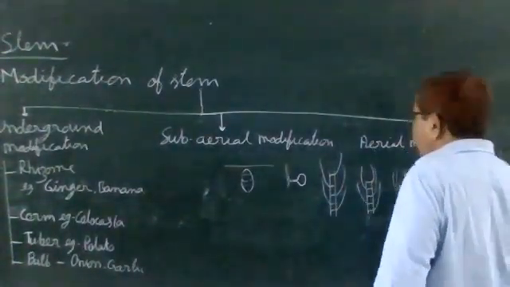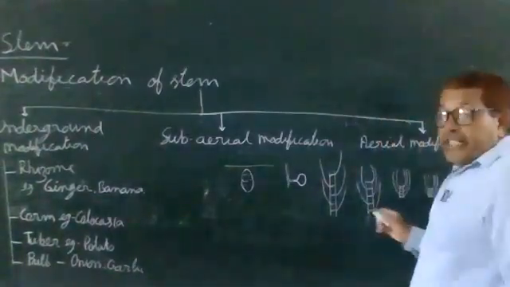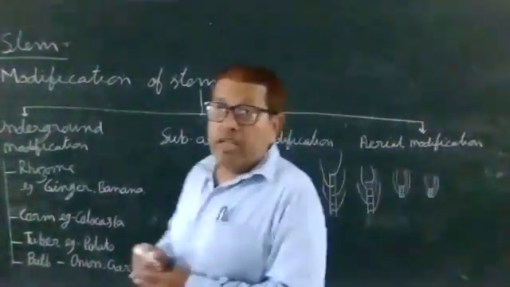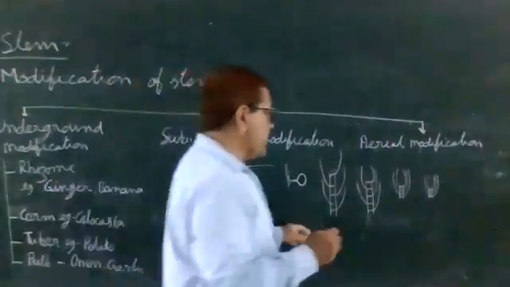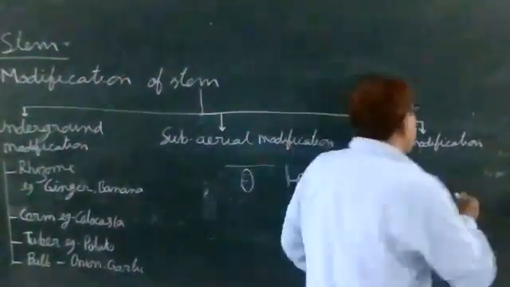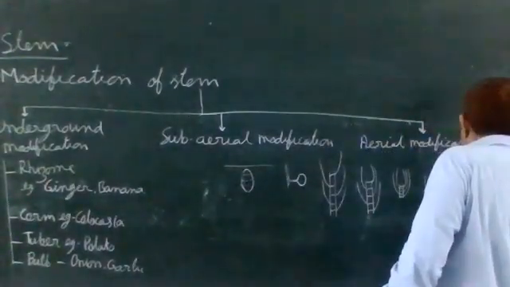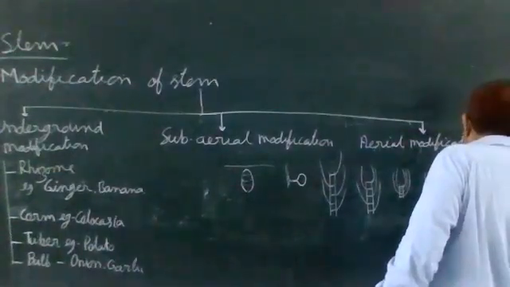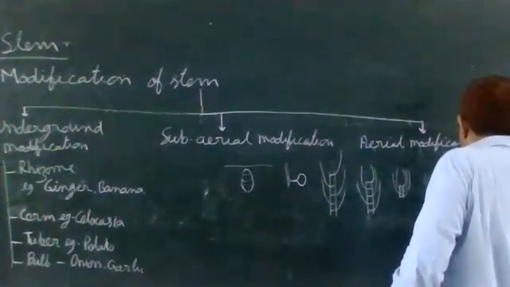It reduces more and more, and as a result, our stem becomes disc-like, and disc-like means that it is reduced in such a way.